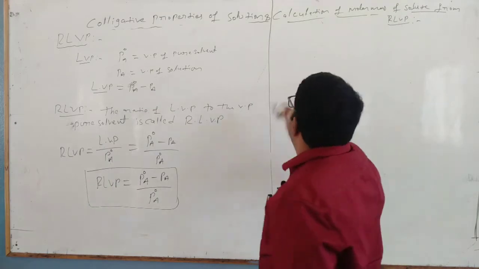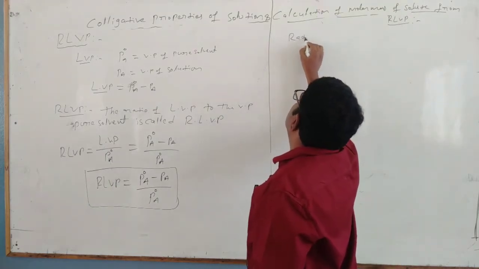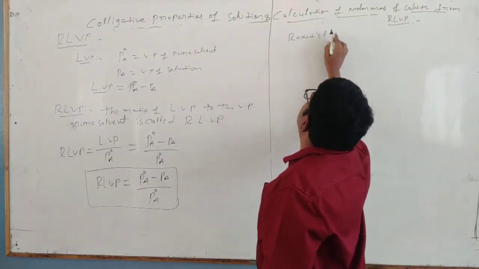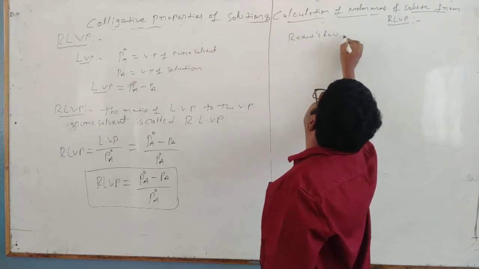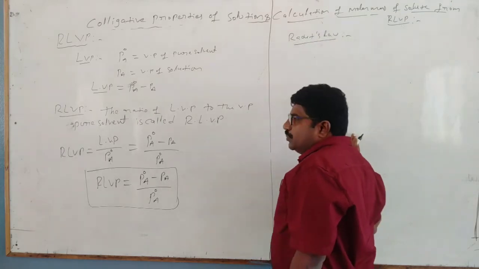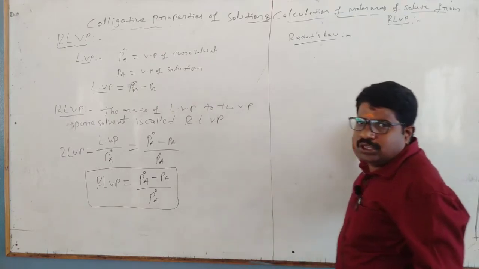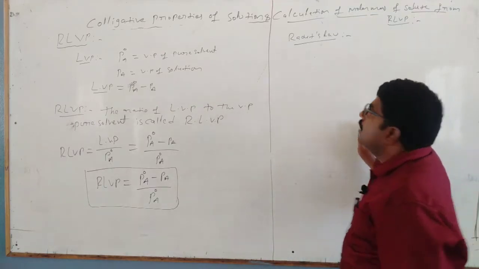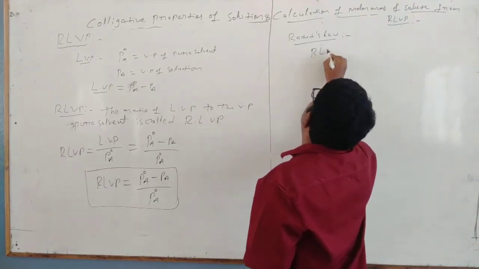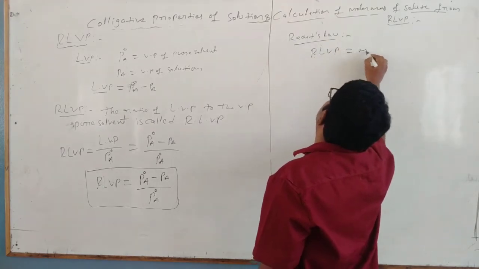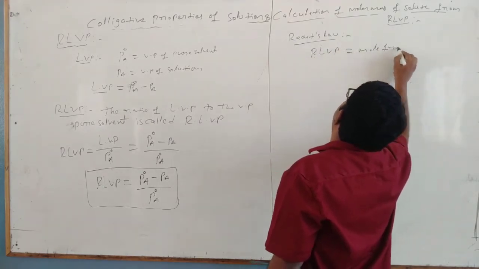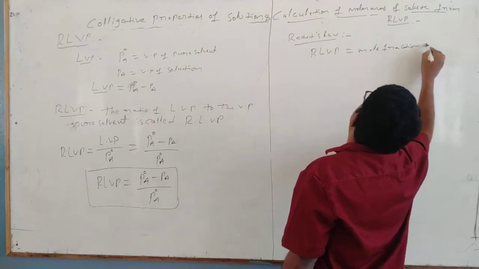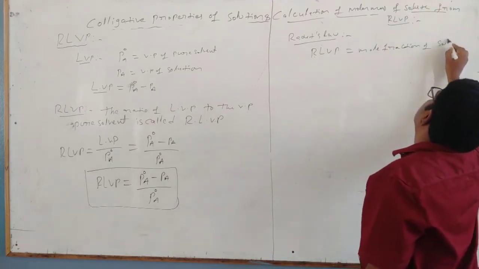So according to Raoult's law, RLVP is equal to the mole fraction of solute.